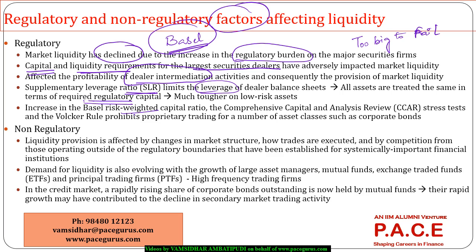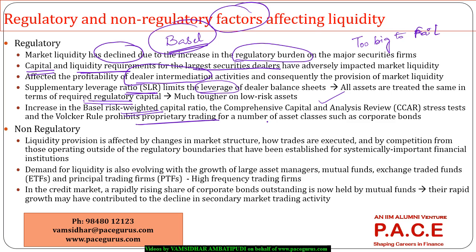So the risk weighted capital ratio typically increased from the Basel requirement perspective. Even there is a comprehensive capital analysis and review, CCAR. There are stress tests. So all these things have put so many limitations on the proprietary trading part for a good number of asset classes, which has affected the market liquidity to the core.